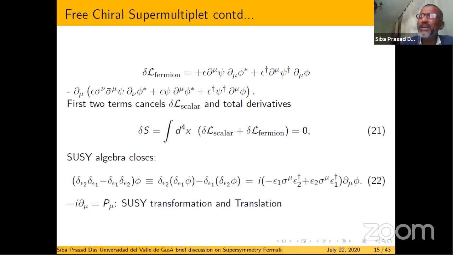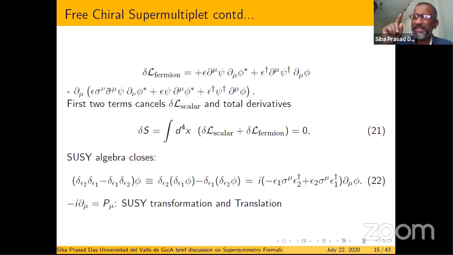And then another important requirement, as for any Lie algebra, is that the supersymmetry algebra should also be closed. That means if you have two supersymmetry transformations, delta xi2 and delta xi1, and you take the commutator on any scalar field, you get back the kinetic term of the corresponding scalar field.